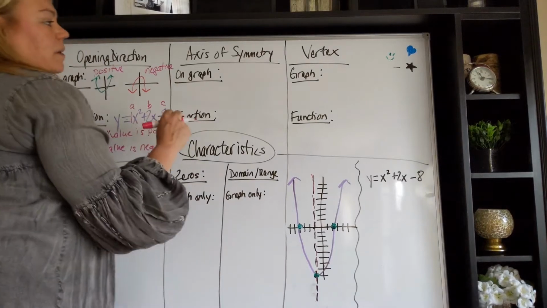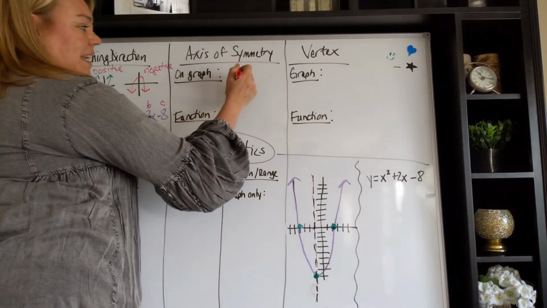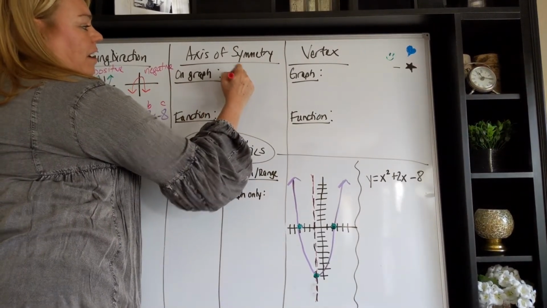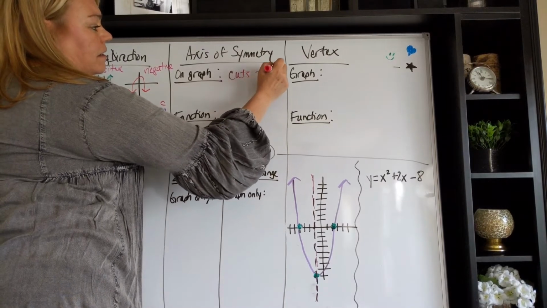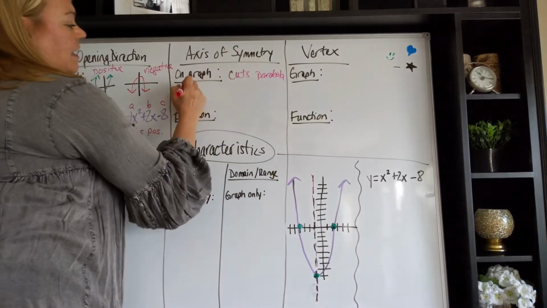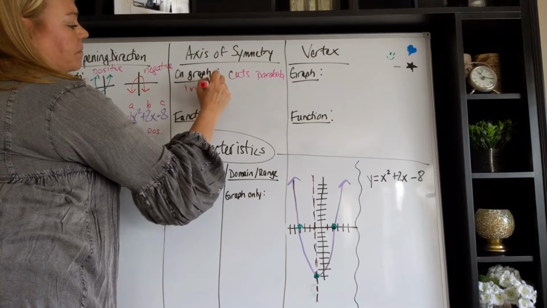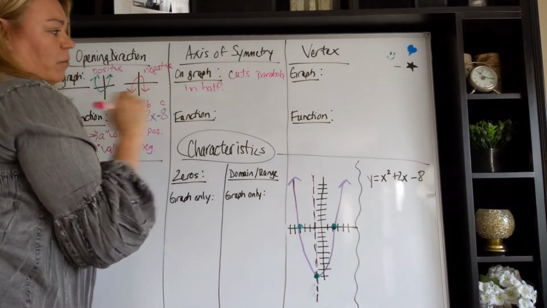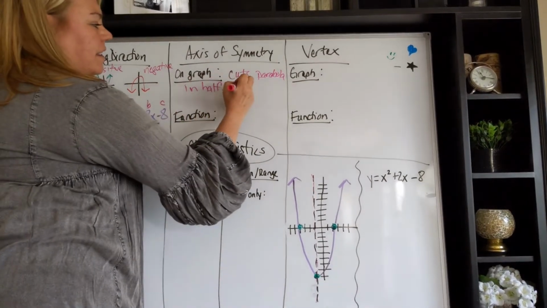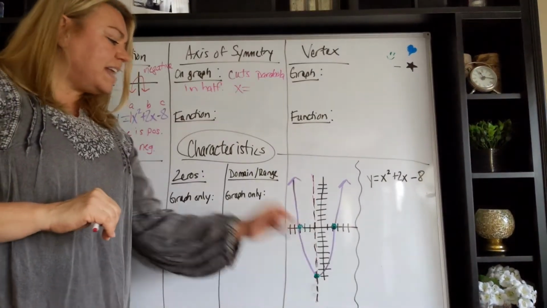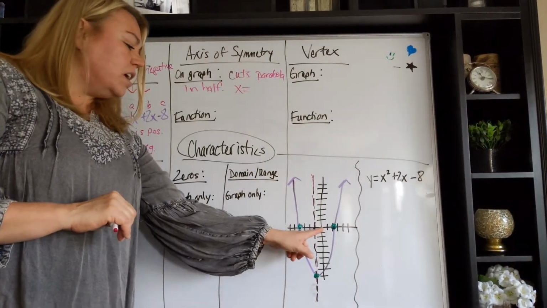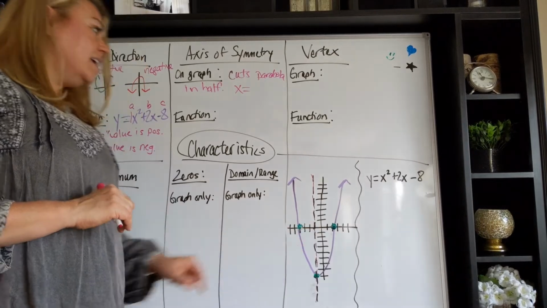So on a graph, I'm going to say it cuts the parabola in half. And whenever I write this, I write x equals, because I'm talking about where it's crossing the x-axis. So I'm going to write x equals, it crosses at -1.